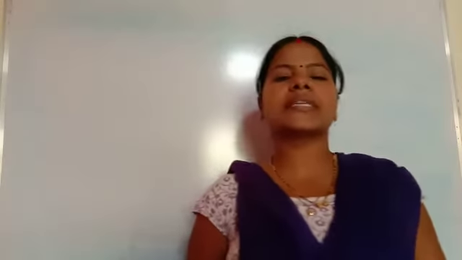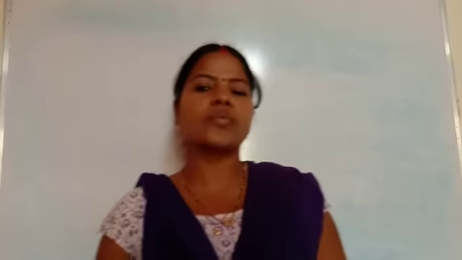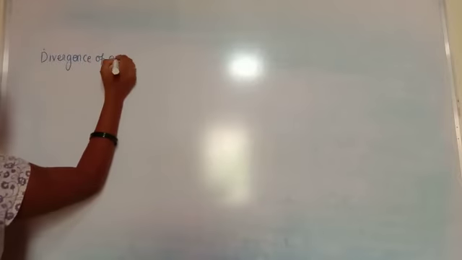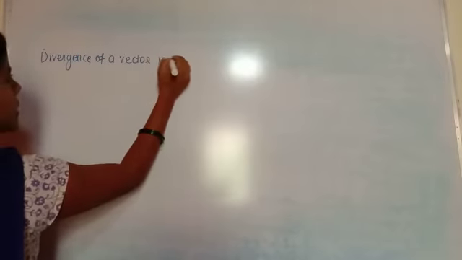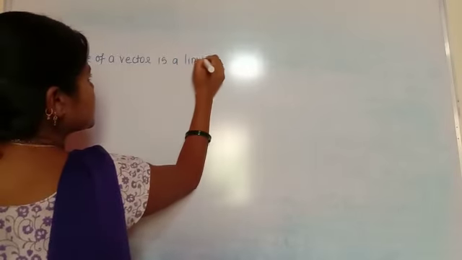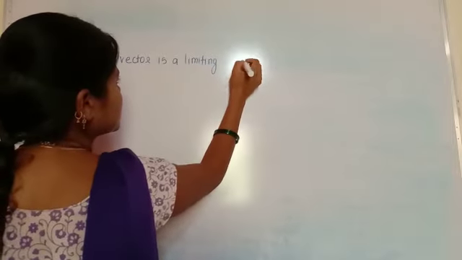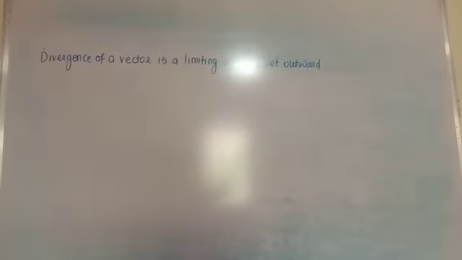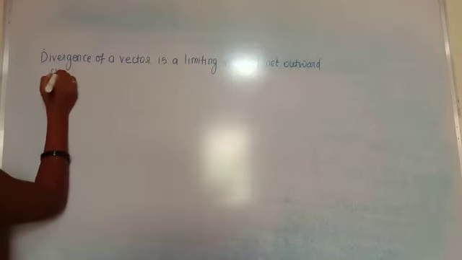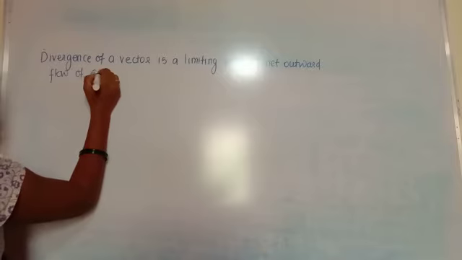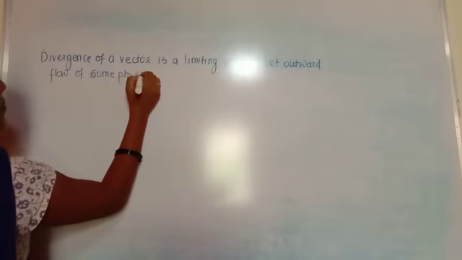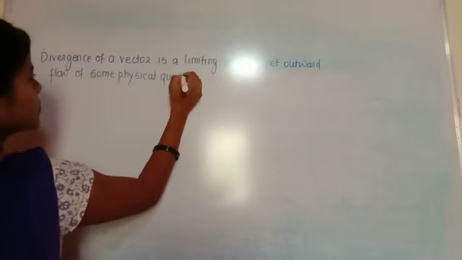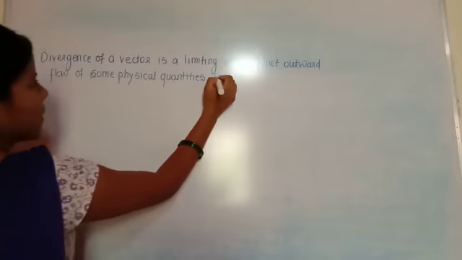Here the divergence of a vector is the limiting value of the net outward flow of some physical quantity, that is, we can write here fluid.